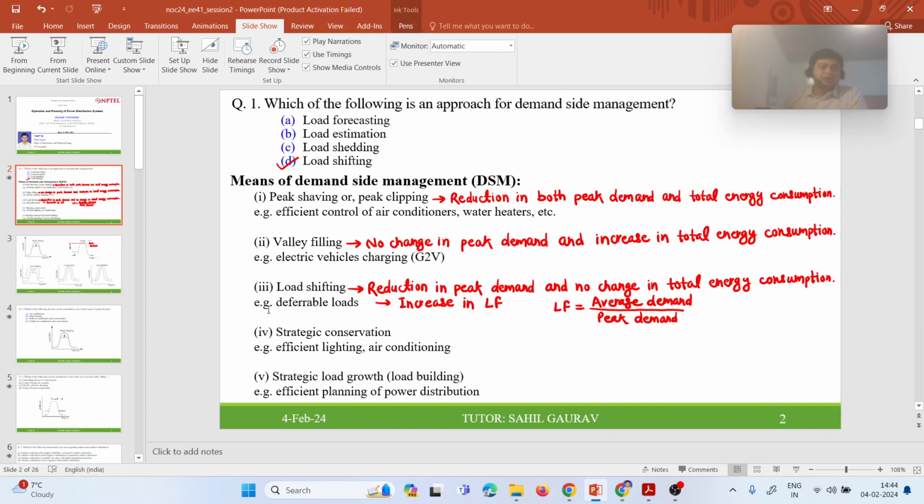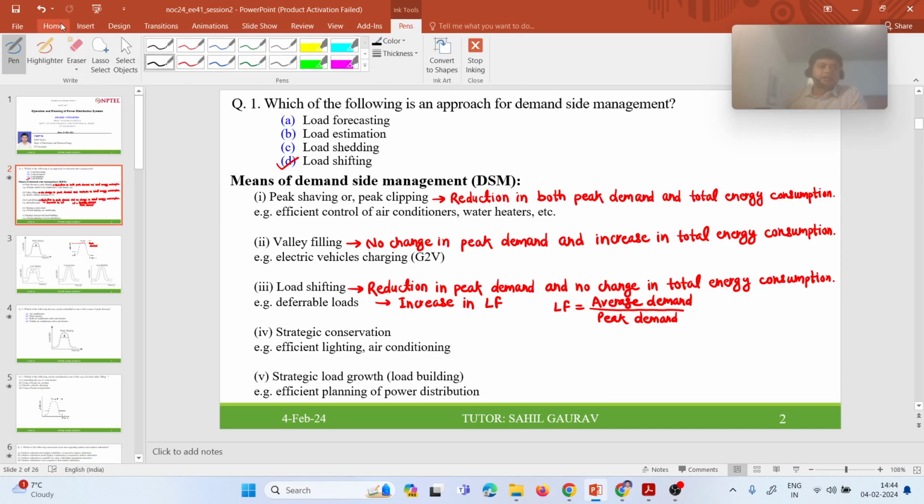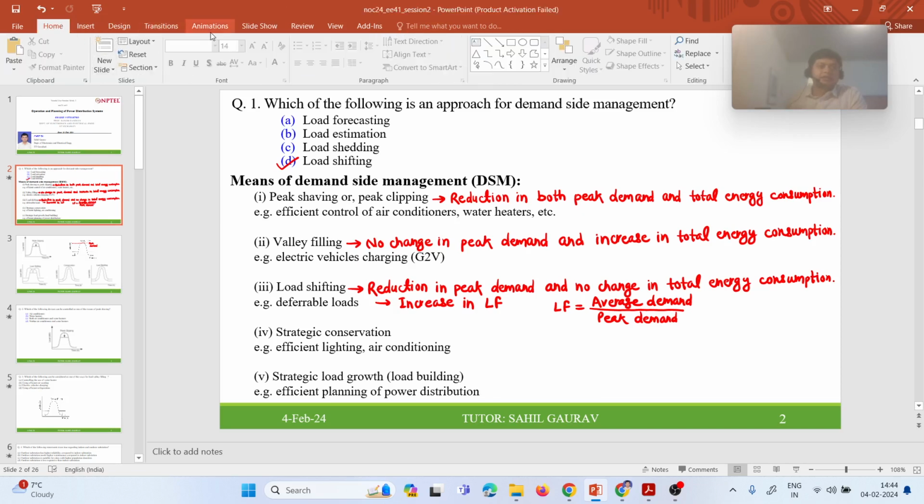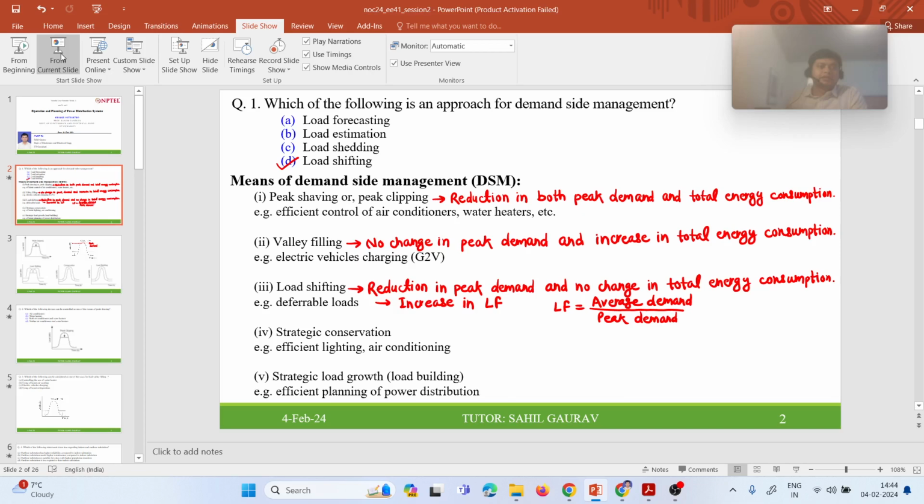So deferrable loads allow time shift and interruption.